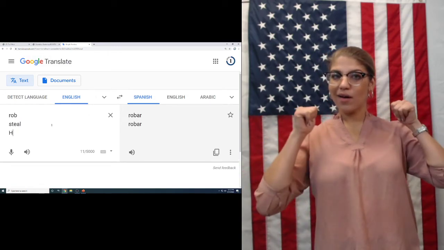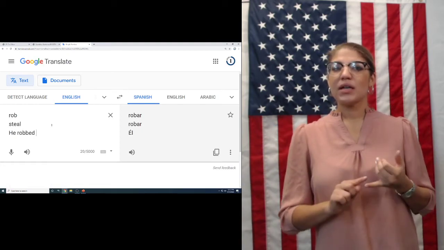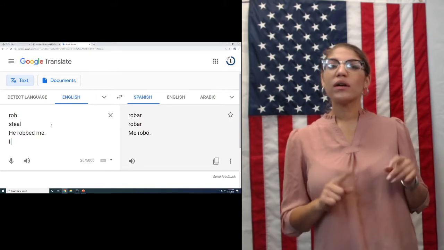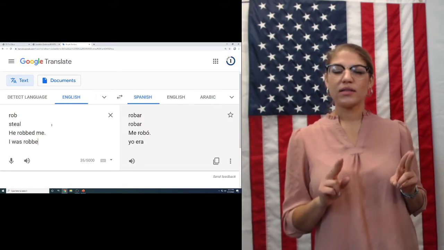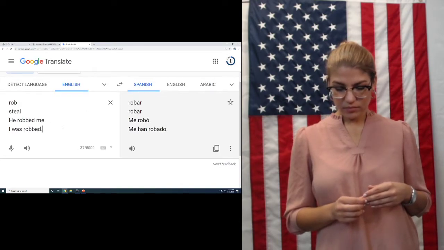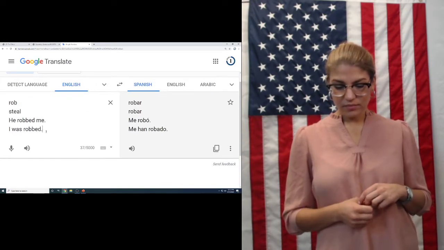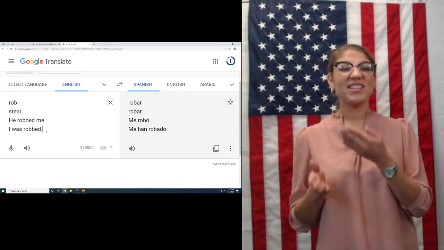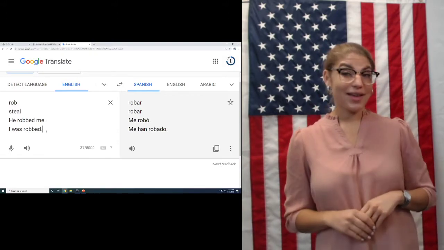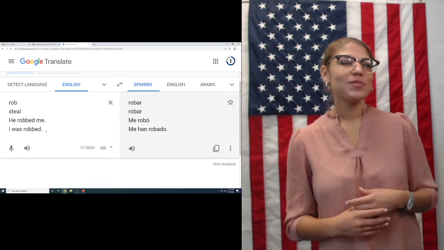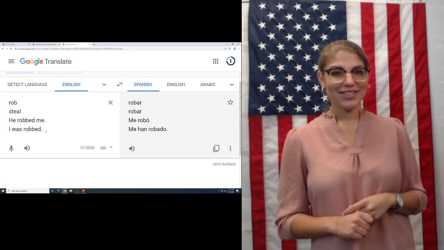Both are in the past. You see the word robbed and robbed, it looks the same. So here we have the word rob, and you may also use the word steal.